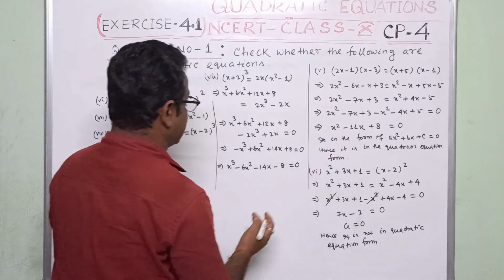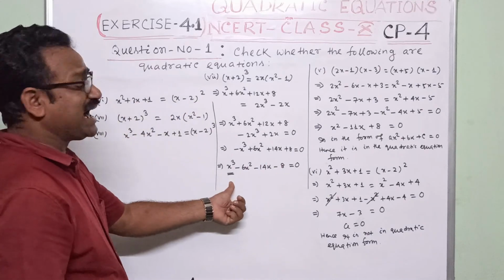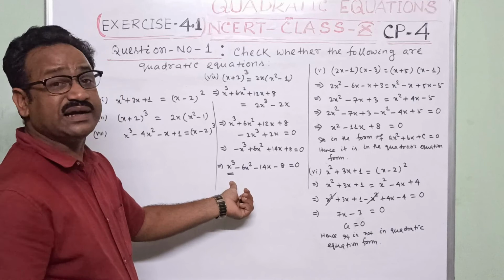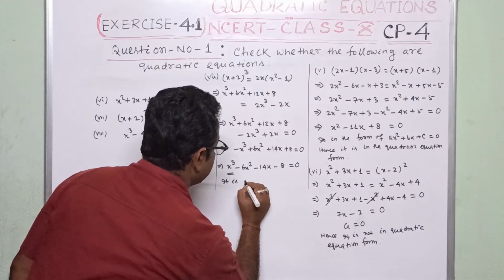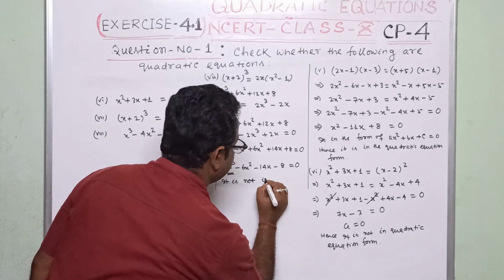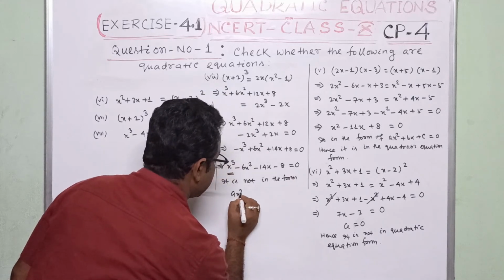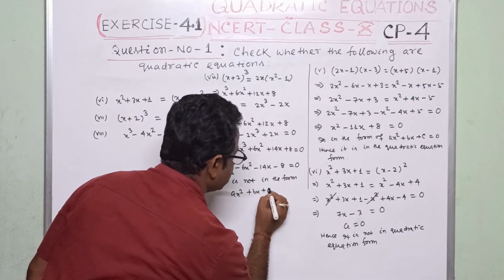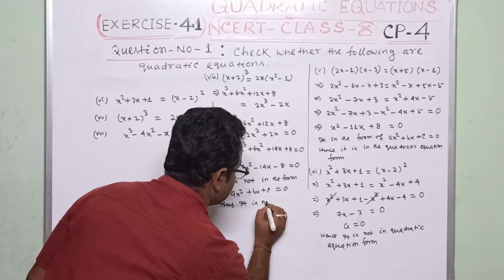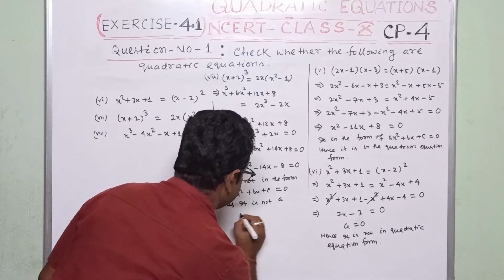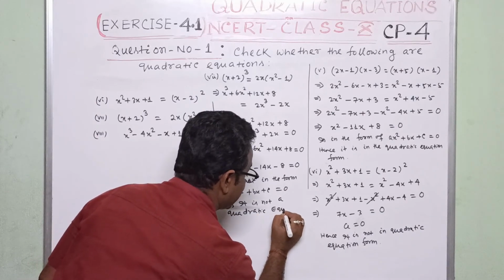Taking to the right side also we can write this. So here the highest degree is 3. So it is not quadratic, it is cubic. So it is not in the form ax square plus bx plus c is equal to 0. Thus, it is not a quadratic equation.